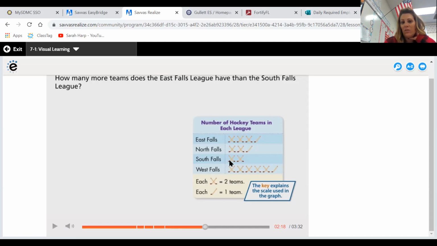If you look at the South Falls, they have 2, 4. Okay, you can also look, if we just drew a line right here, we could see that there is a 2 and a 1 more. So what's 2 plus 1? Right, you should have your answer. Let's check our work.